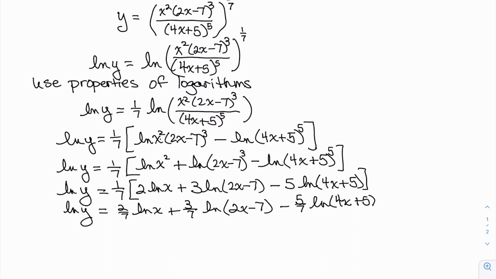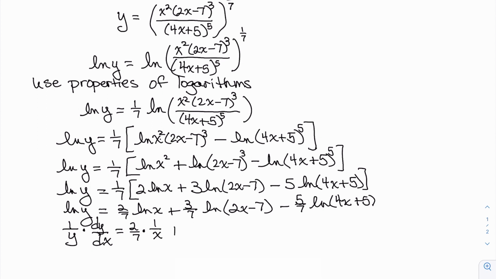So remember, the derivative of the natural log of something is 1 over the something times the derivative of the something. And the derivative of y is 1 dy/dx. So that's where your implicit differentiation comes in. Now, on the right, we're going to differentiate term by term. So I have 2/7 times the derivative of the natural log of x, which is 1 over x.